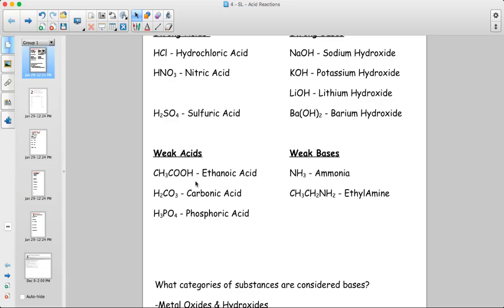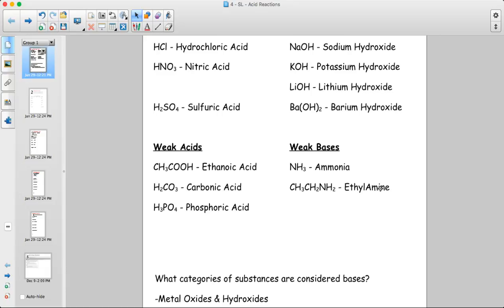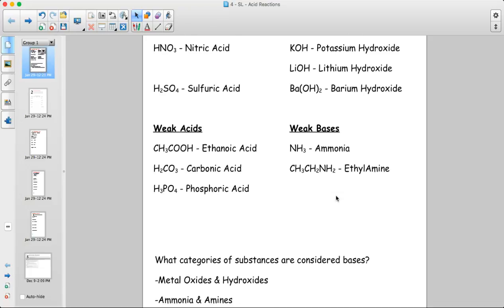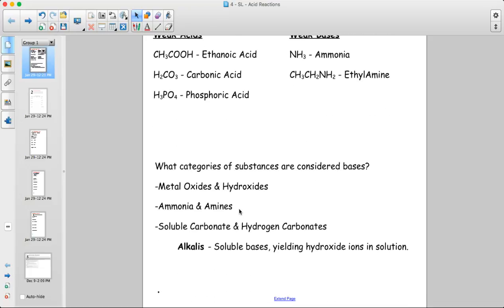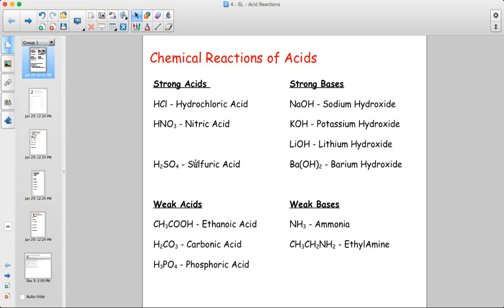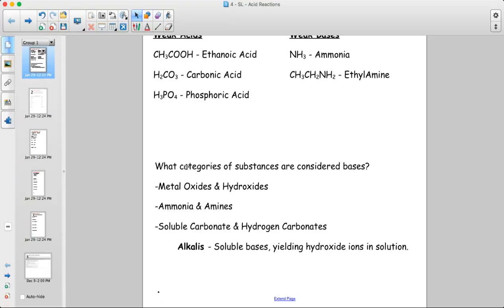Now, weak acids, really anything with a COOH on it, an organic acid, is a weak acid, and anything based off of ammonia, so something with an NH2, is called an amine, and those are all going to be basic. So since we're looking at things that react with acids, we're going to look at what categories of substances will react with acids, and therefore what categories are going to act like bases.